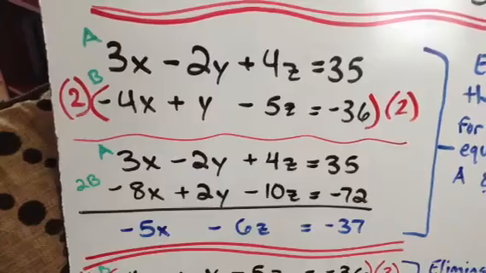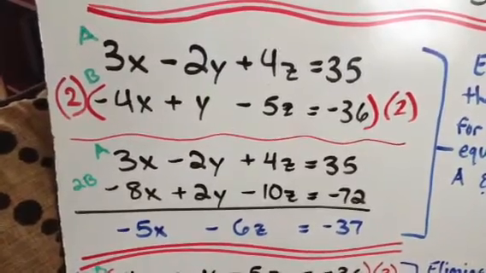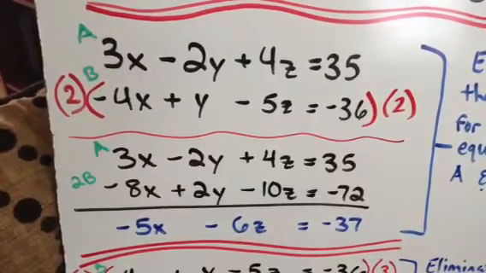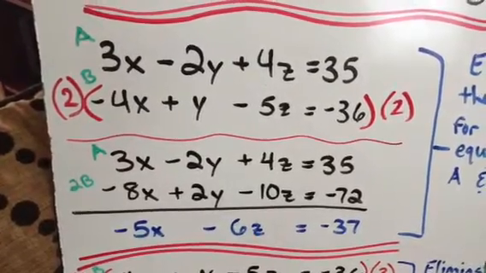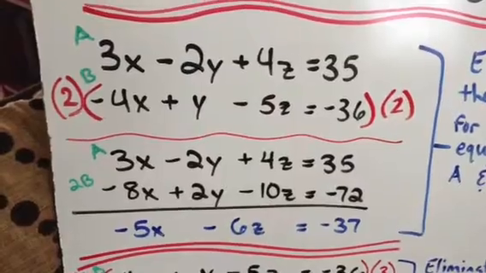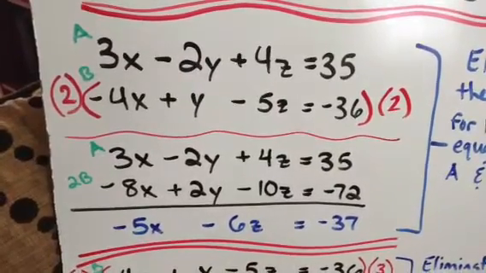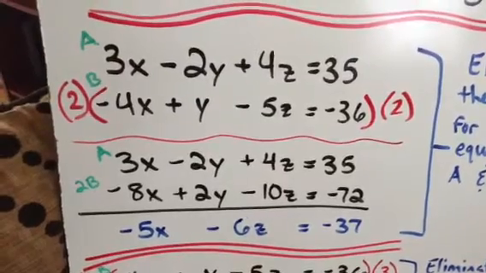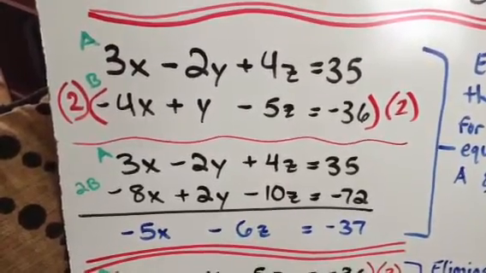Now in blue, I have just combined my 2 equations. That was the elimination process. So I get negative 5x minus 6z equals negative 37. There are no more y's in that blue equation, so that blue equation I hold on to. I'm going to come back to it. That's why I put it in blue.